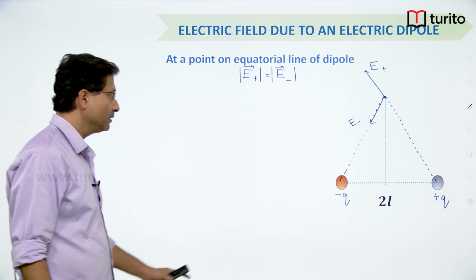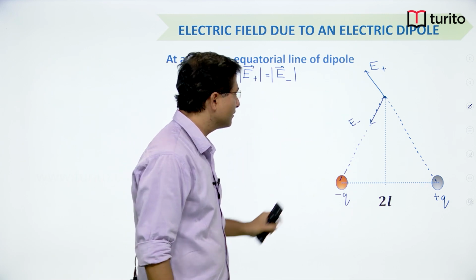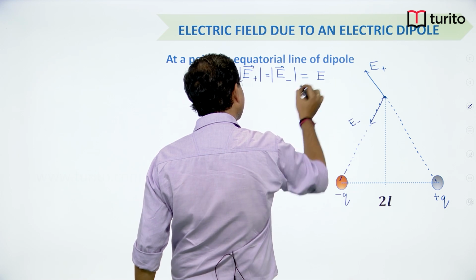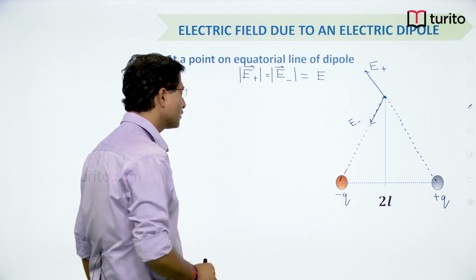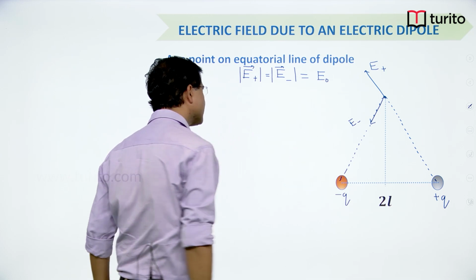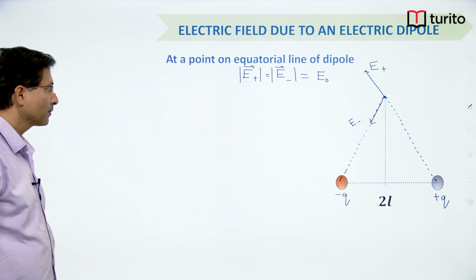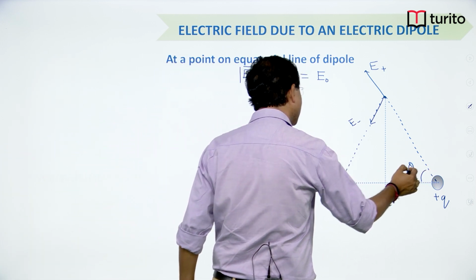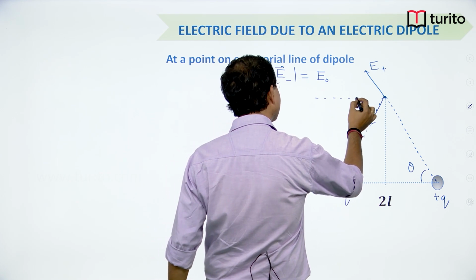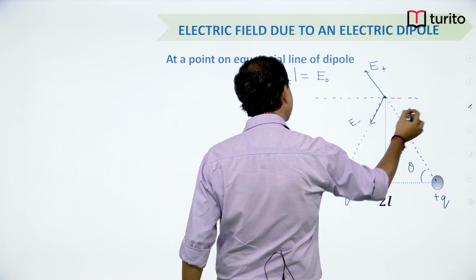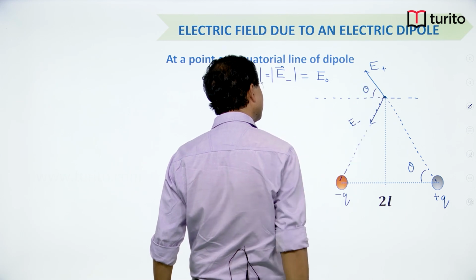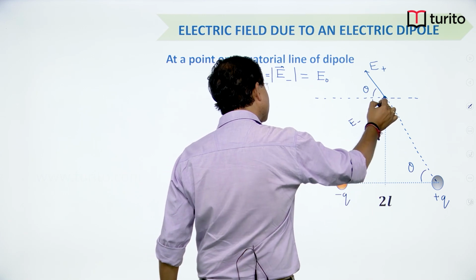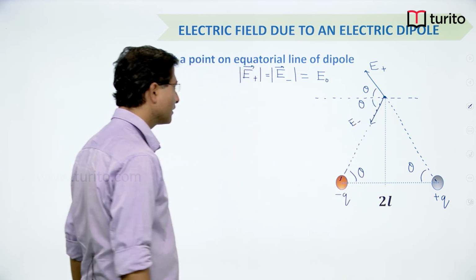Let's call it some E, right. So both are the same, let's call it E naught, because net field we will be writing with E. If this angle is theta, the angle made here, this angle will be theta, as this angle is theta, this angle will be theta, and this angle will also be theta, right.